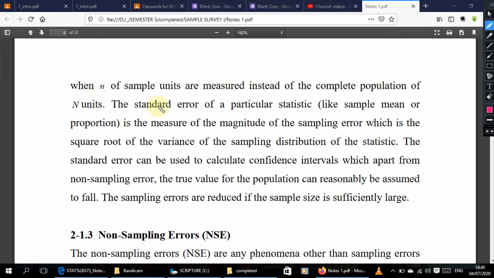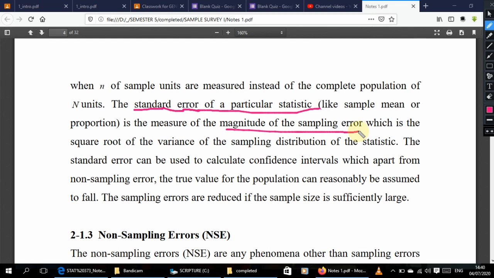Now to measure the sampling error, we need what we call the standard error. The standard error of a particular statistic, like the sample mean or the proportion, is a measure of the magnitude of the sampling error we are talking about.